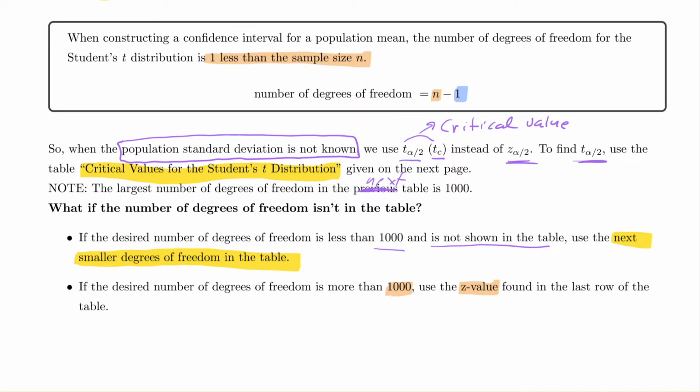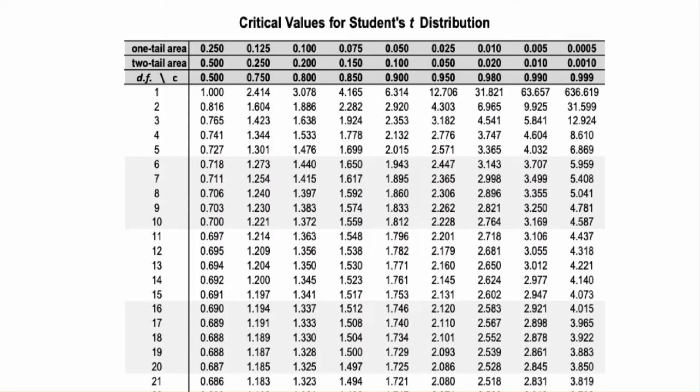So let's look at the t table together, the t critical value table. So here's a t table. For now, we're only looking at this part right here. These are the numbers that we'll be finding using degrees of freedom.